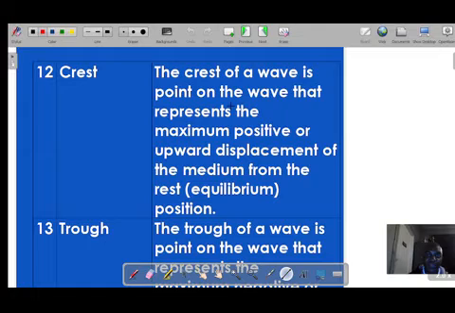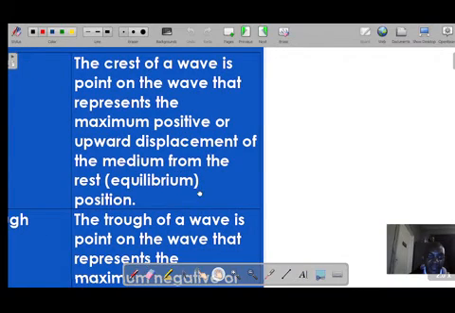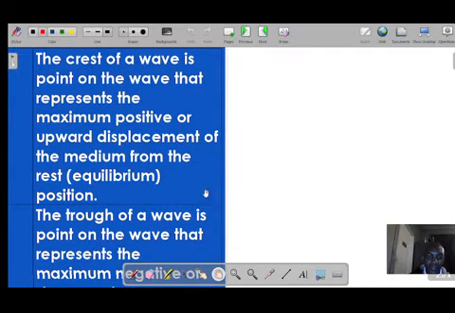Now, on a transverse wave, we have what we call a crest and a trough. You can say what is a crest, what is a trough. This is how they look. If this is my transverse wave, this is my first pulse, which is transverse.